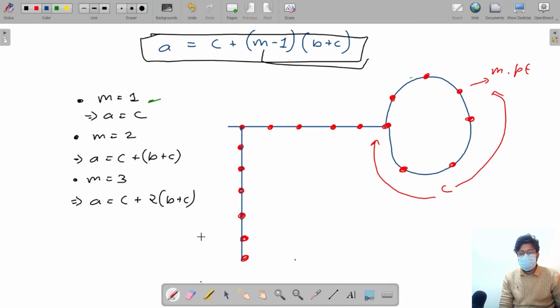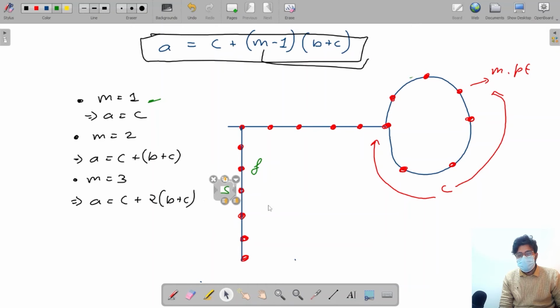So for the second case, let's take slow and fast again and start to move them. Slow 1 time, fast 2 times. Slow 1 time, fast 2 times.